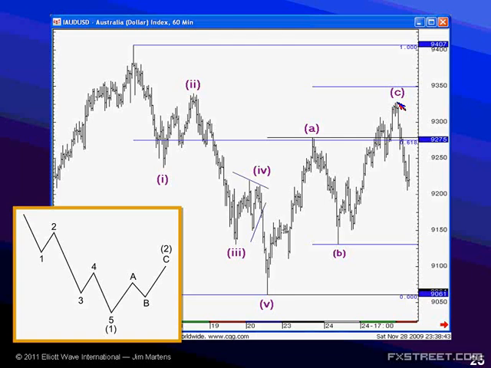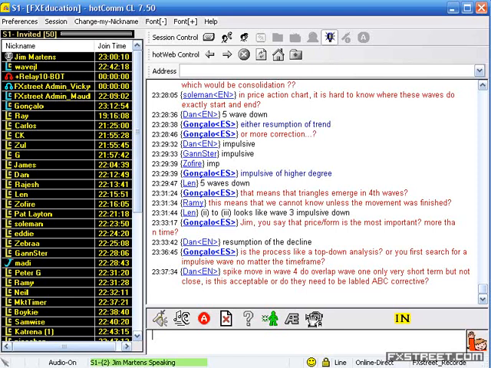So for me, and I still do this to this day, even though there's so much available free data out there, I still start from the top down. I want to know what my bias is. Which direction is the market trending? I prefer to act in the direction of the trend. So even though I'm doing updates throughout the day on a very short-term time frame sometimes, I'm always referring back to the larger trend. Since, in this case, Aussie is in a bear trend, signified by the 5 down, yes, I expect a recovery.